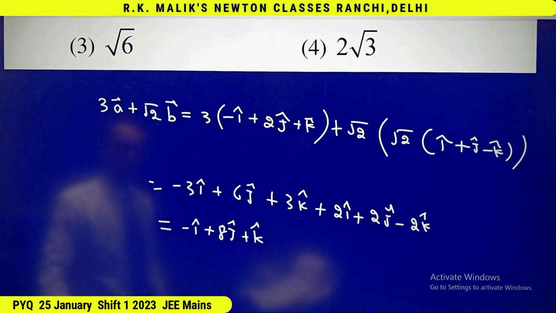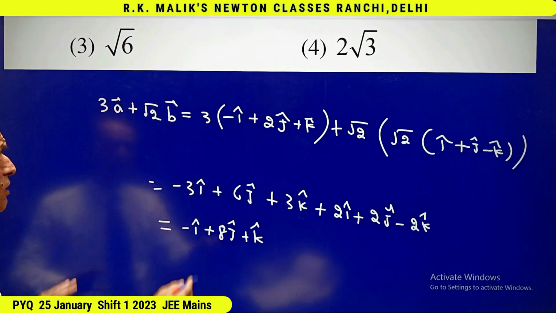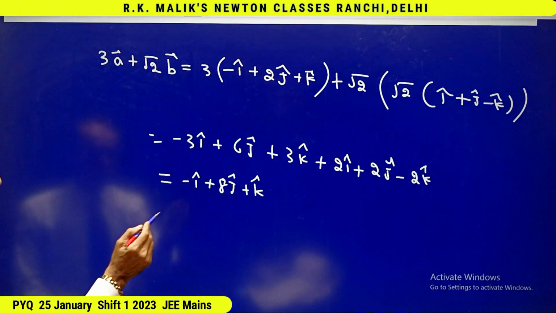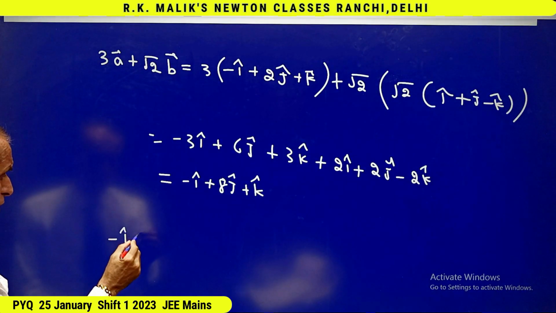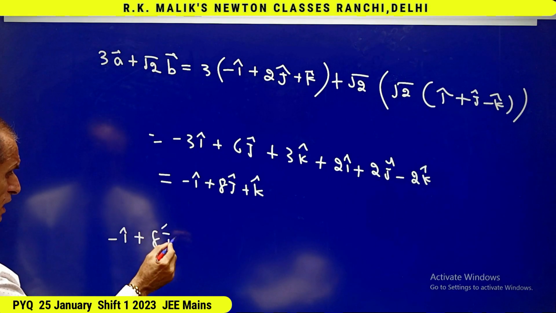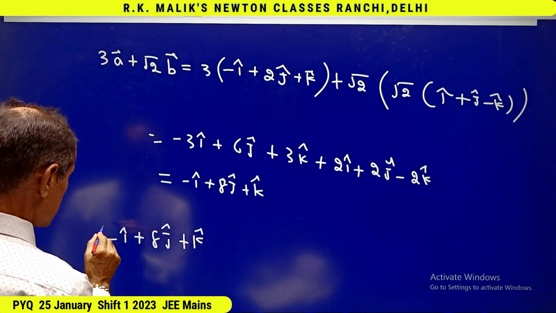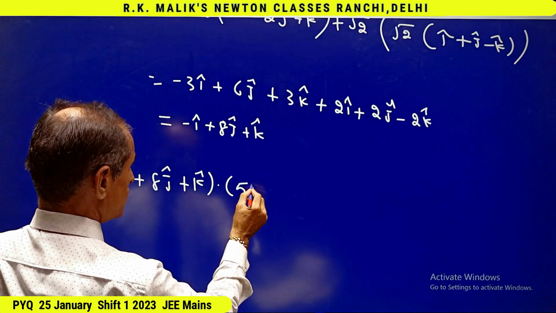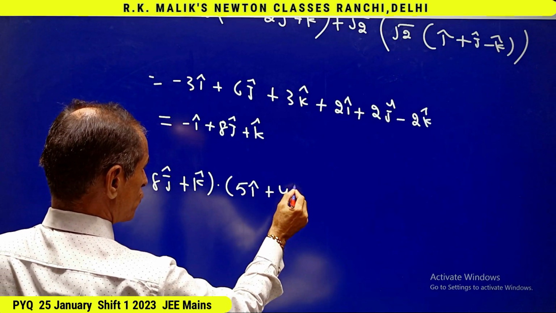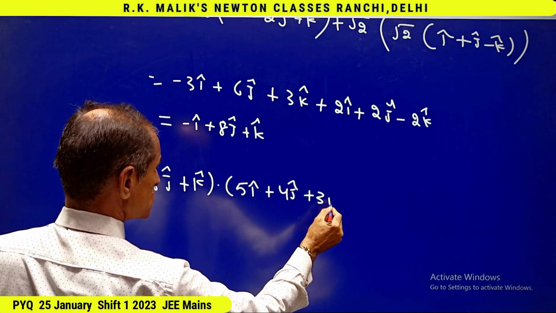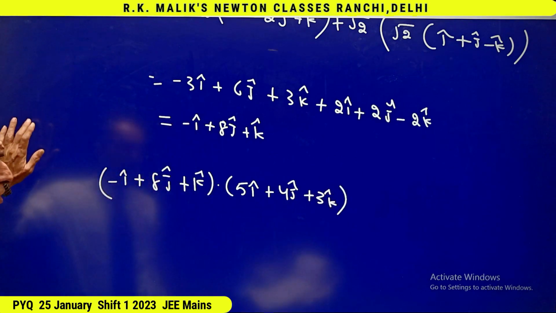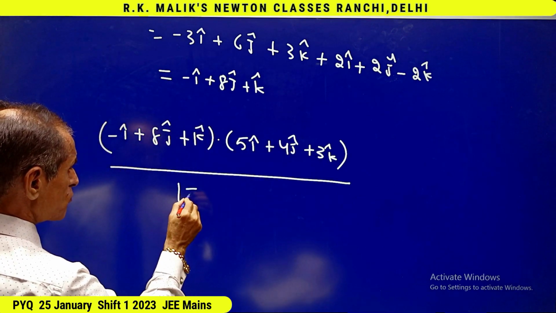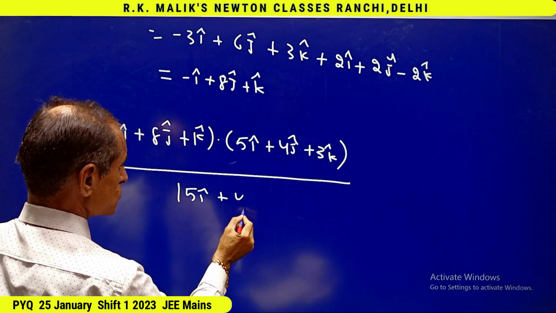And because I have to find the projection of this vector on C vector, the projection of this on C will become minus i plus 8j plus k dot 5i plus 4j plus 3k upon mod of 5i plus 4j plus 3k.